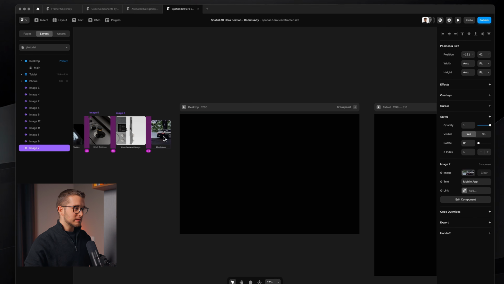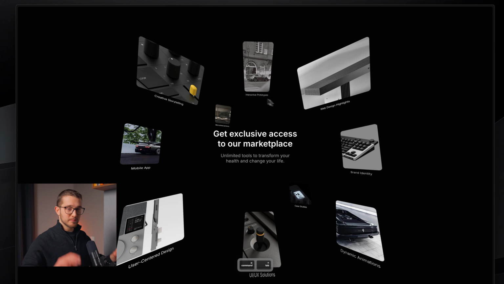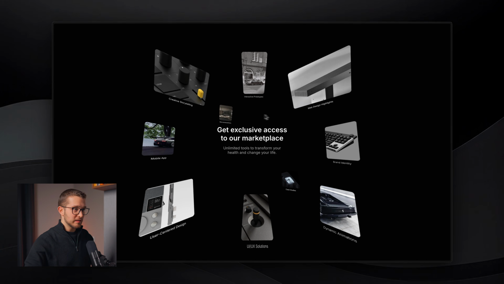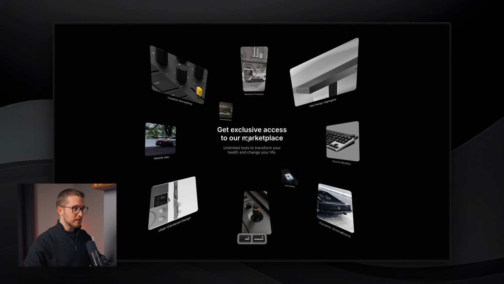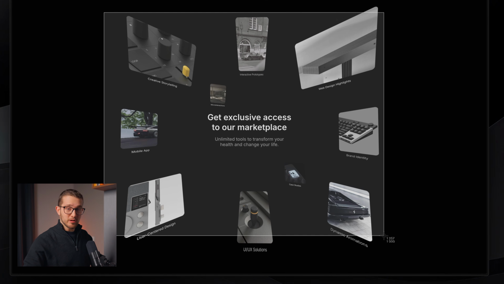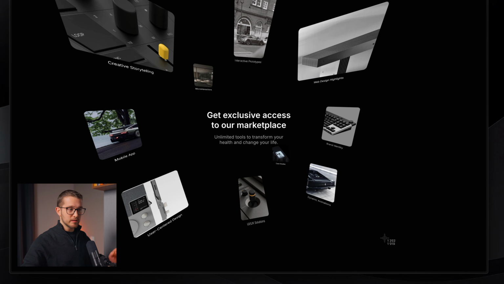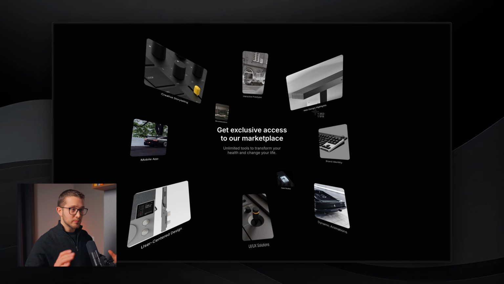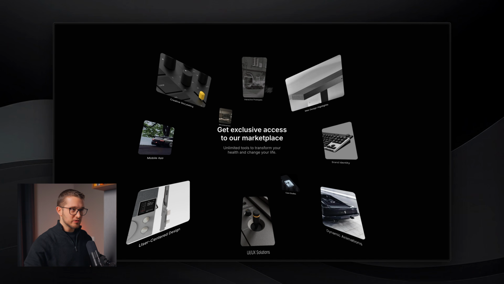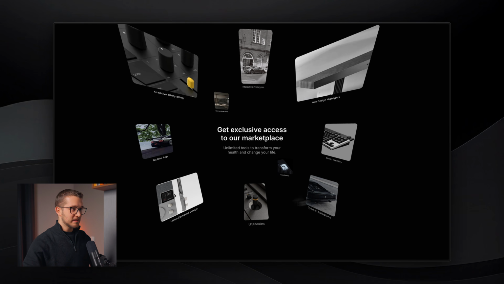So now what we can do is we can actually create this nice 3D space with these cards. So the first thing that we're going to do is we can just draw a large frame on our breakpoint, and then we can place all of the images within and apply a 3D rotation on them to position them in the 3D space like this.